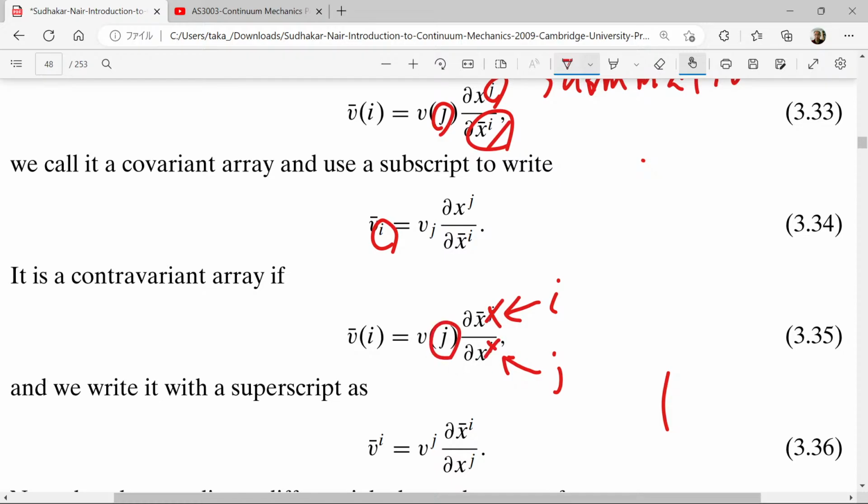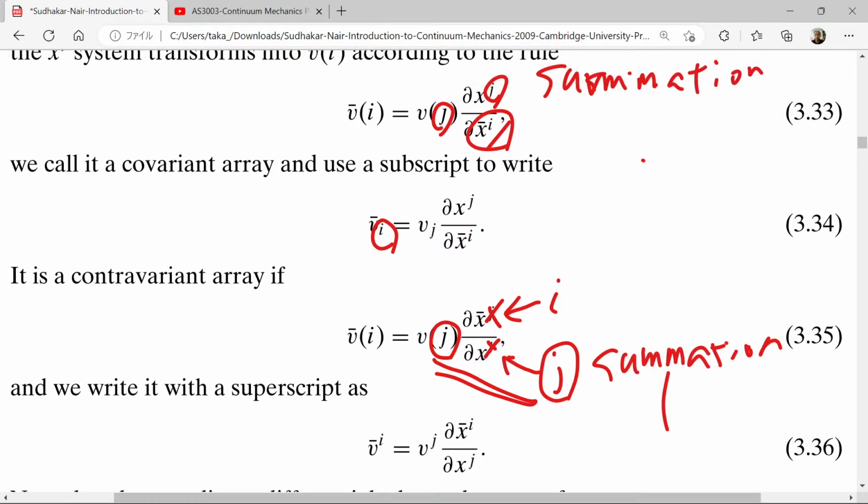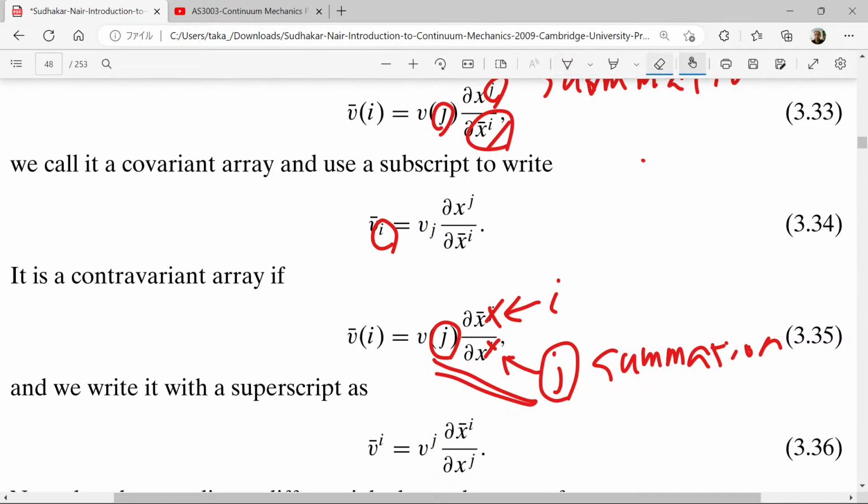So j has to be downstairs, and the summation always goes with x, not x bar. This is x. The i part is non-summation, not summed.